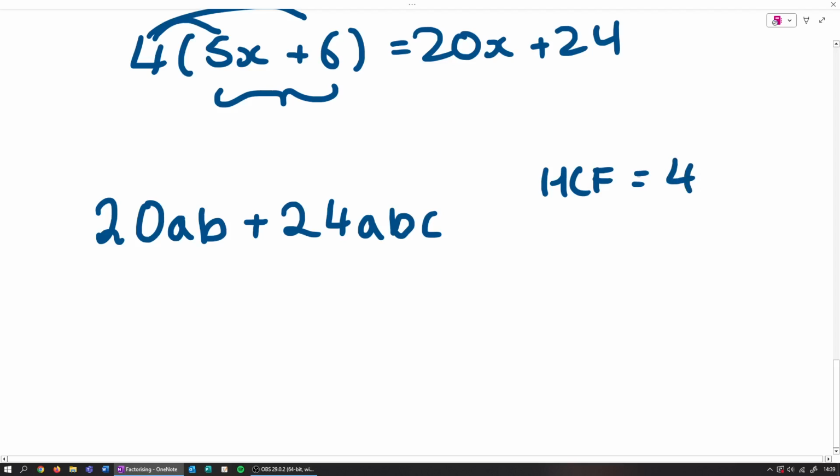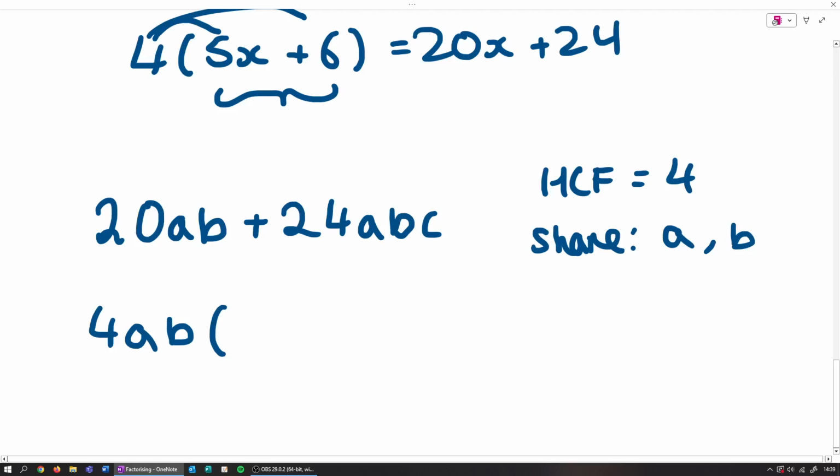However, numbers aren't the only things we can sub out here. Any letter in there as well we can sub out. So is there any letters that both these two terms share? Yeah, they both share an A and a B. Okay, so let's sub out as much as we can. Let's take out the 4, the A, and the B.